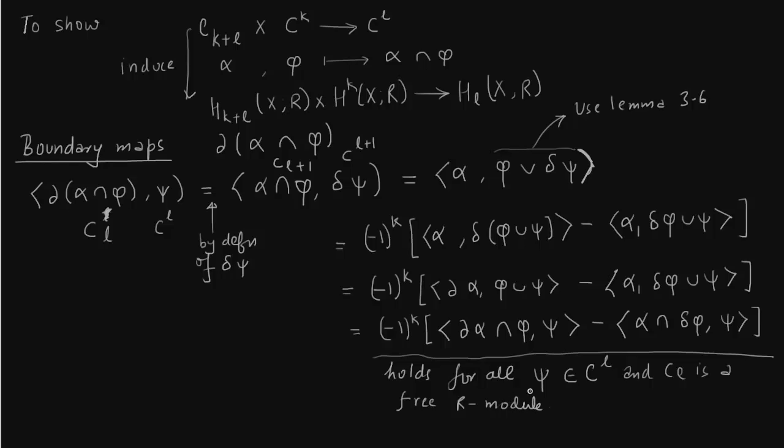So this is the following map that we get, and this is what we will use in the next slide to define the relationship between homology and cohomology groups.